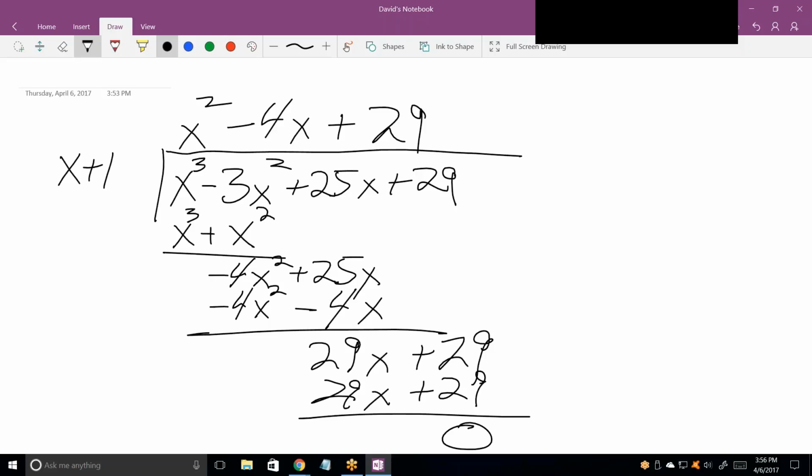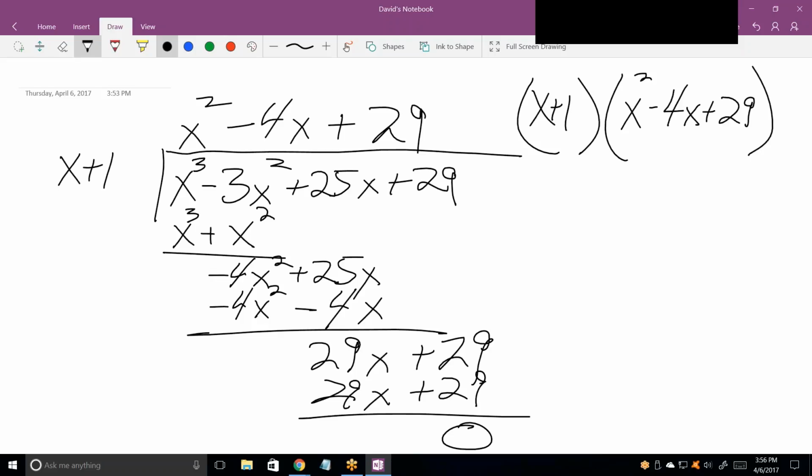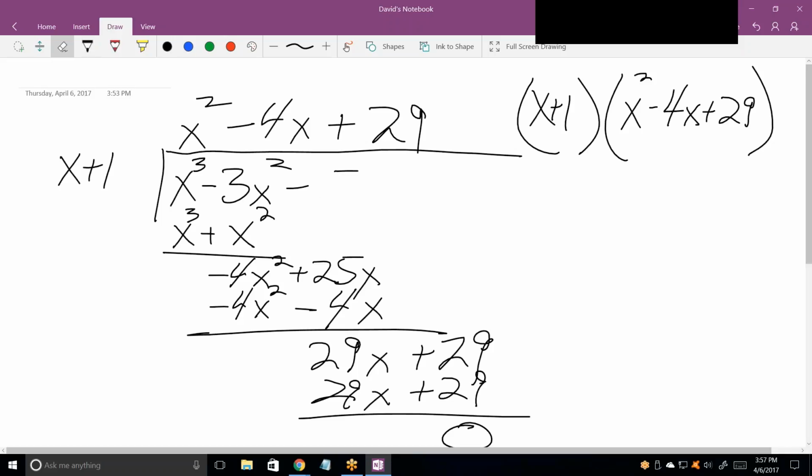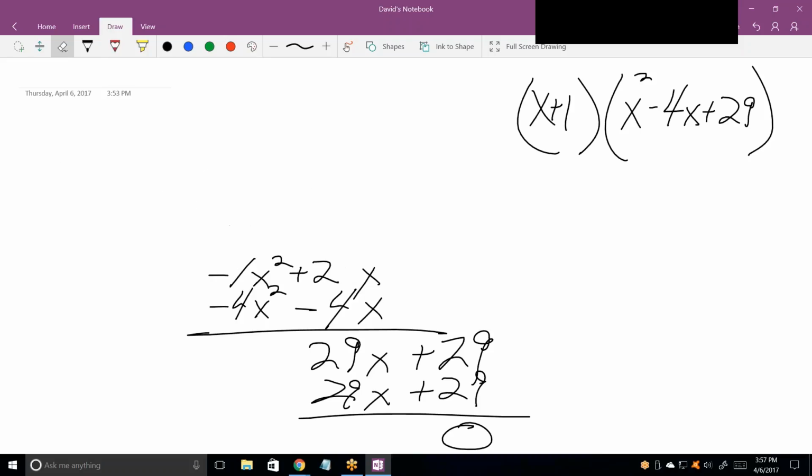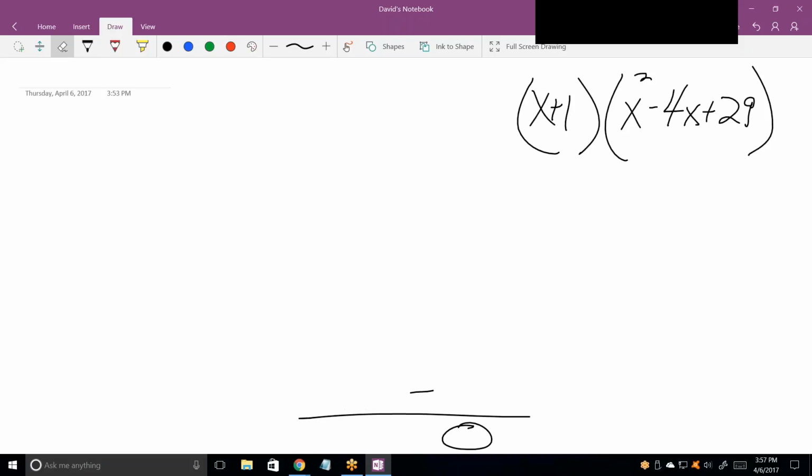Now, that means that our factors are this at this point in time, but we still have a quadratic, and we know that quadratic is not going to factor because why? How can you instantly tell that we're not going to be able to factor? 29 is a prime number.